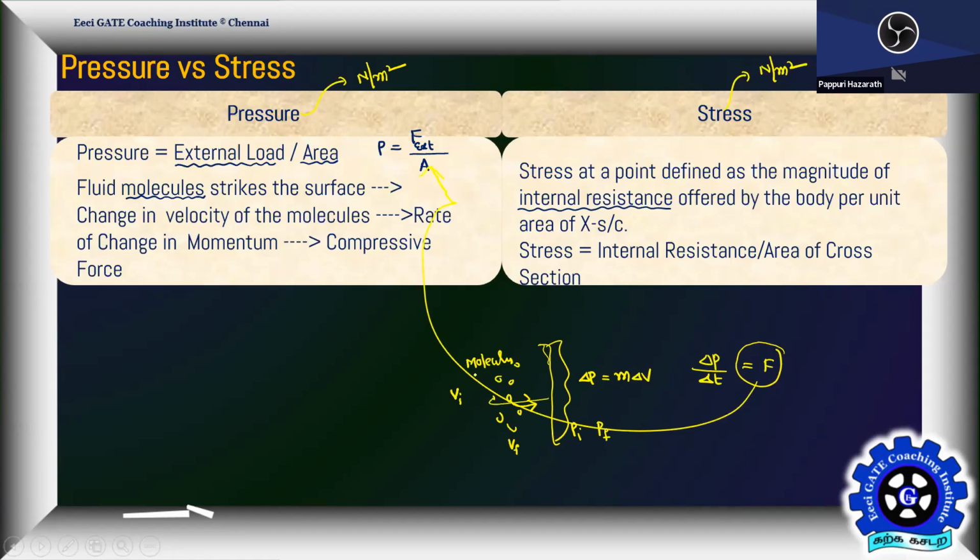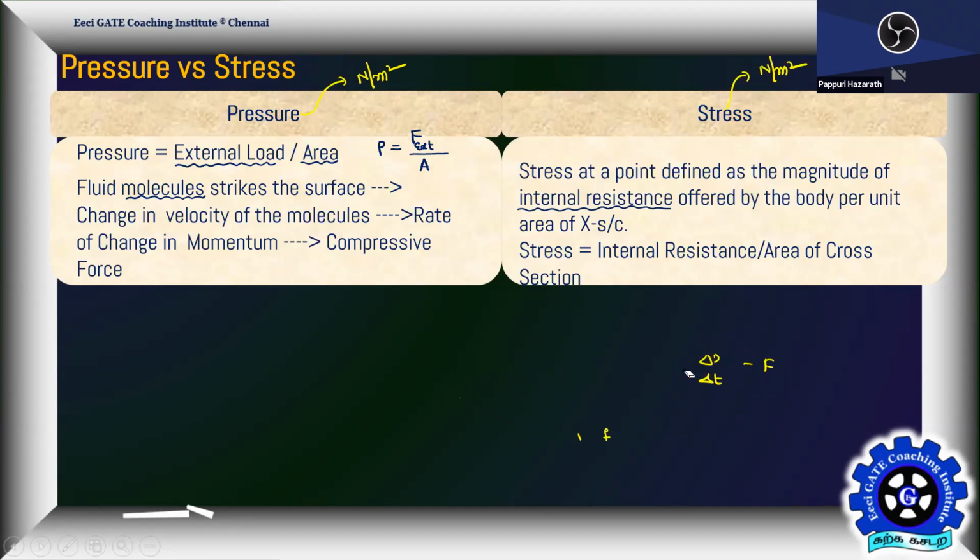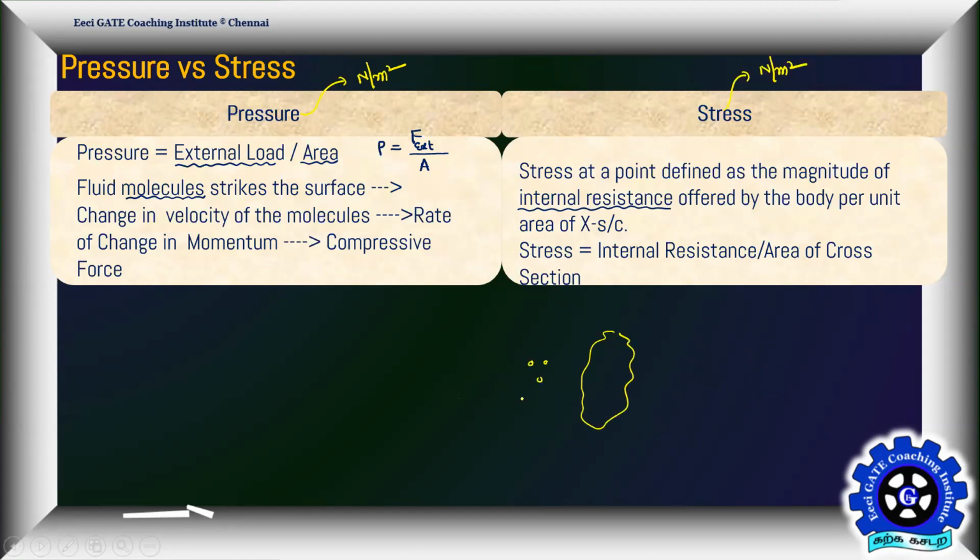Generally all will explain like this: magnitude of external force acting per unit area of cross-section. But we are giving the reason for getting this external force. Understood? Can I repeat the statement? Surface, molecules, initial velocity.